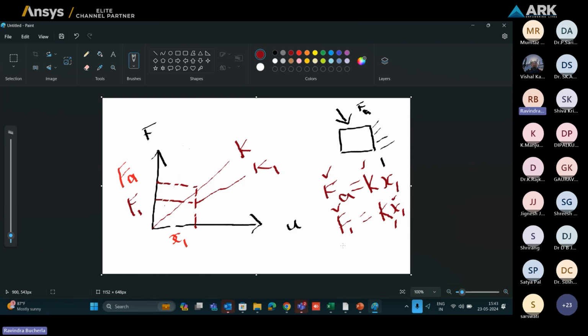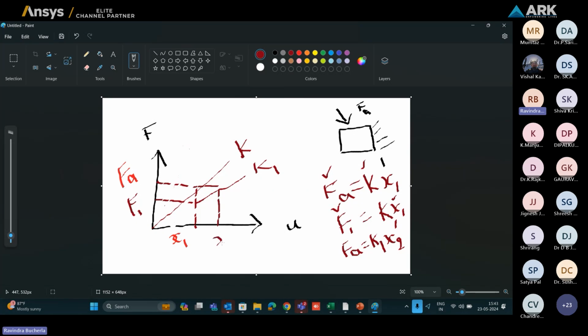Based upon K1, again we will calculate the displacement: after applying the force for the stiffness K1, we will be getting another displacement, X2.